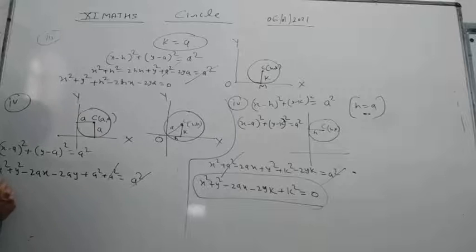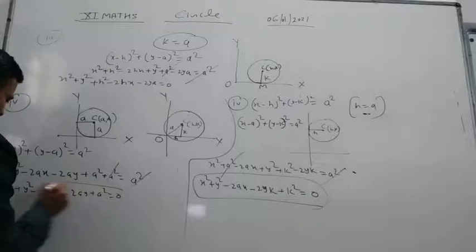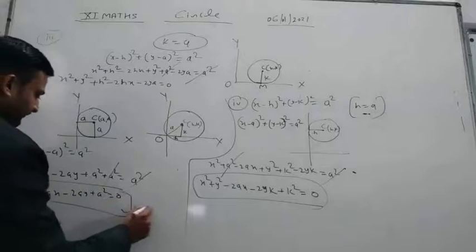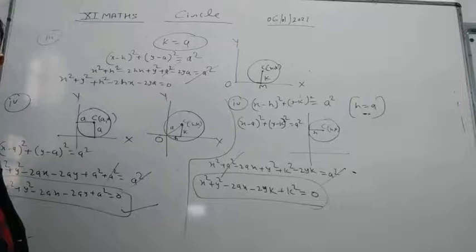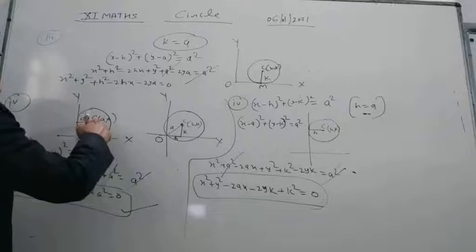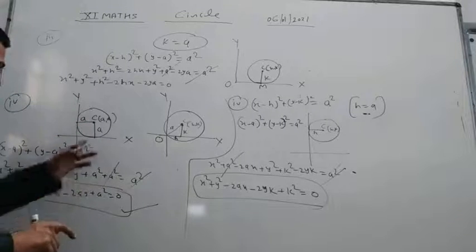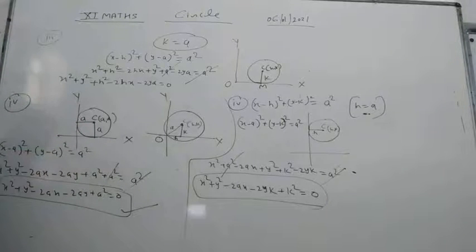So this will be x square plus y square minus 2ax minus 2ay plus a square is equal to 0, the equation of circle. Okay, student. So when the circle touches both axes, its radius and h and k will all be the same, and we will find the equation of circle in this form.